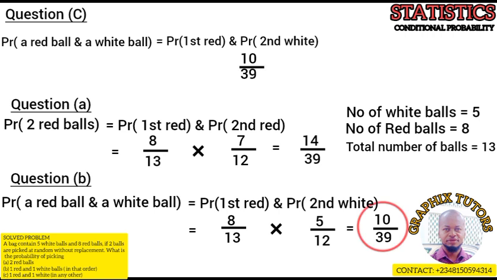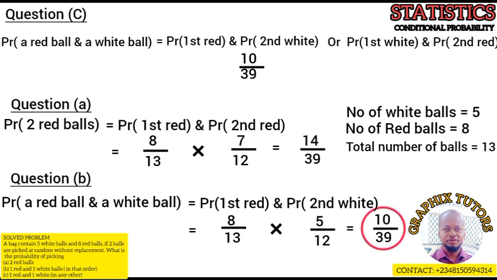While for the other one, the first one should be white, then the second one should be red. Now, if you look at it closely, white and red, or red and white, is the same thing, only that you've changed their position.